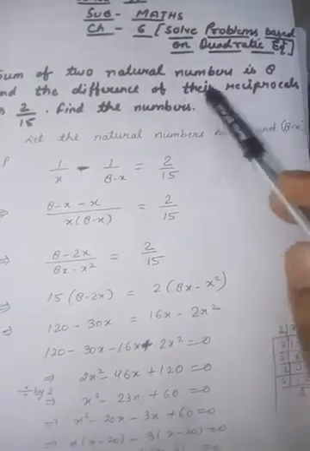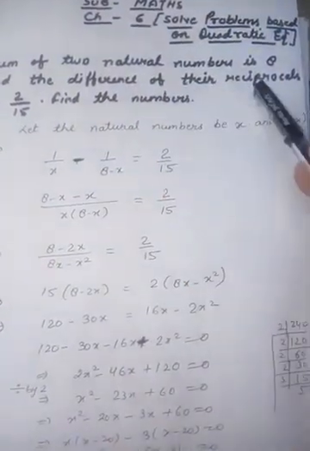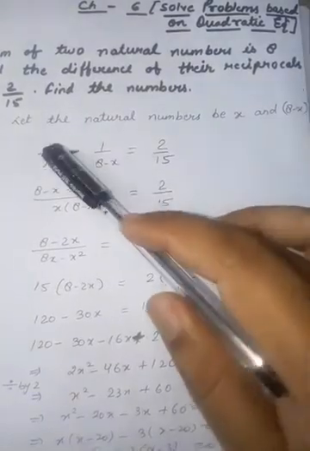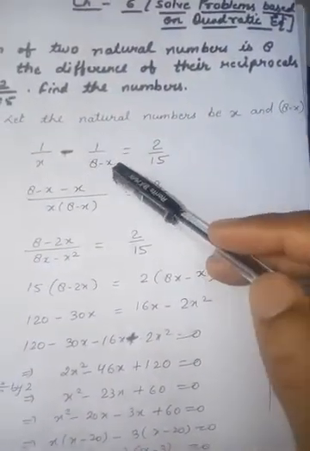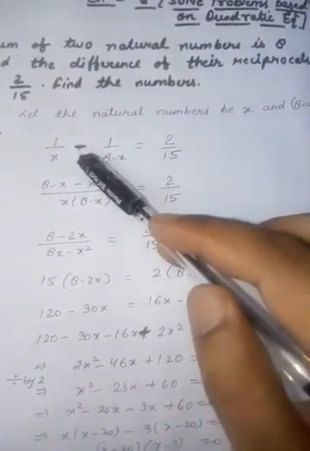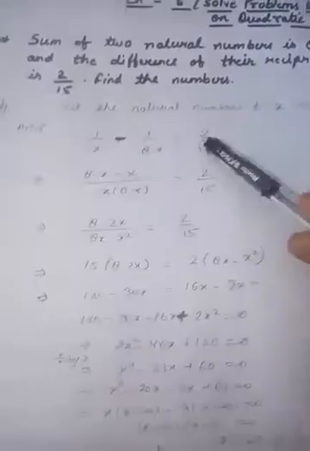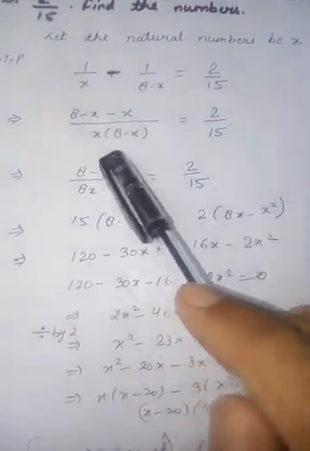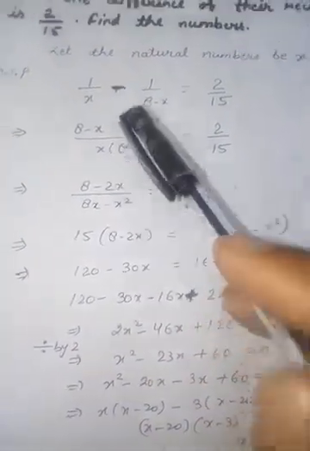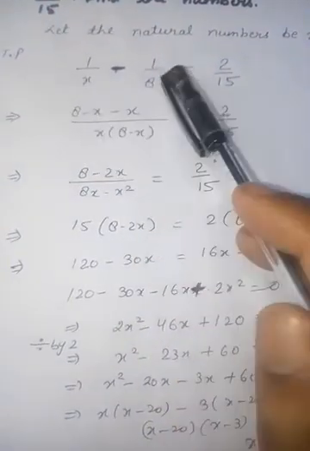According to the problem, the difference of their reciprocals. First is the reciprocal of the first one, that is 1 upon x. Next, the reciprocal of the second number, that is 1 upon 8 minus x, and difference means minus, equals 2 upon 15. Now take the LCM and solve. x into 8 minus x is the LCM, so this multiply by this and this multiply by this.